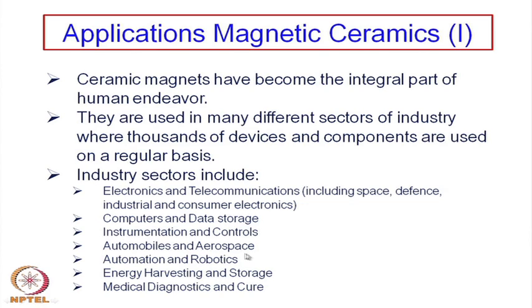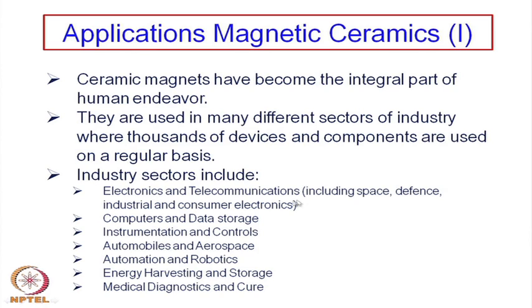The instrumentation and control, once again all electronic instruments and controls use different kinds of magnetic materials, either as miniature transformers or miniature motors. Okay. For miniaturization, such kinds of magnetic materials are very important, and as I mentioned already, they have a very low eddy current loss. So, the overall loss is very low.